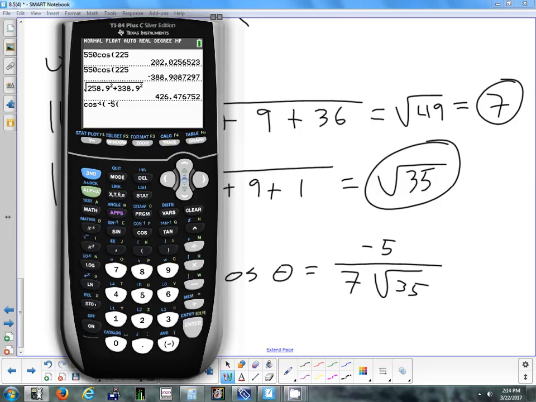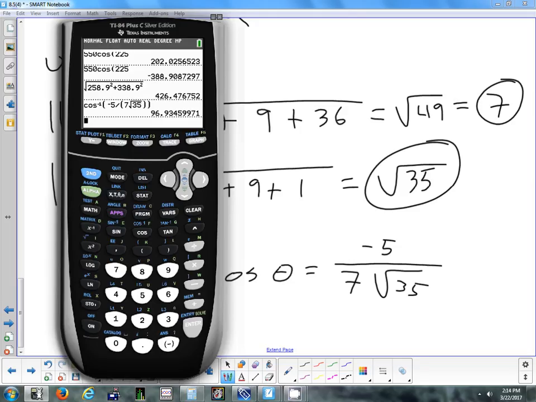Okay, so inverse cosine of -5. You can try it without parentheses, but I'm going to put the denominator in parentheses. So 7 square root 35. So it'll do that part first. And I need a division sign in there somewhere. That should be good.